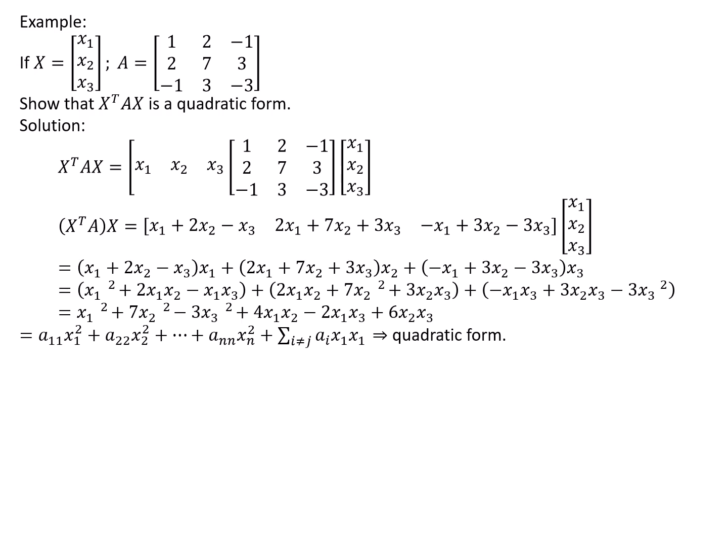So we have our x, and you transpose that x. If you transpose it, you will have x1, x2, x3, multiplied by your A, which is a 3 by 3 matrix, then multiplied by the column vector x, which is x1, x2, and x3.